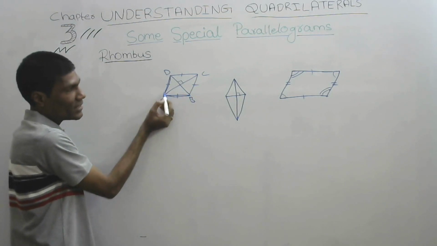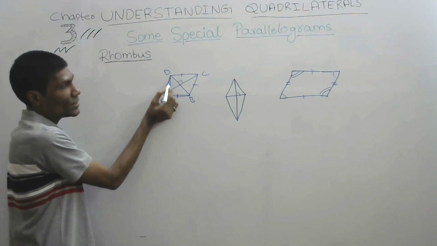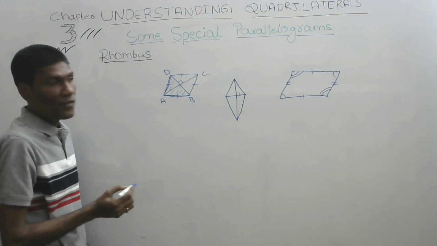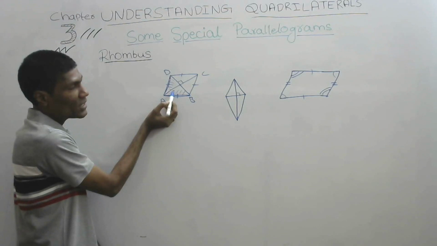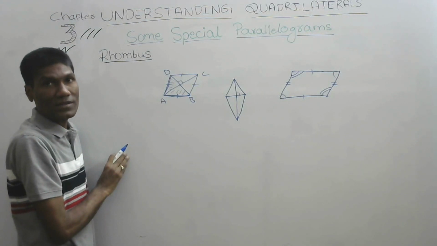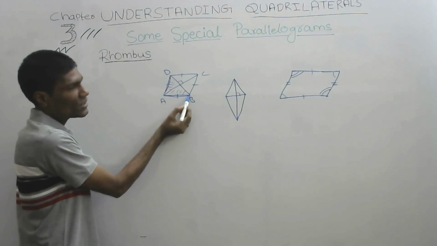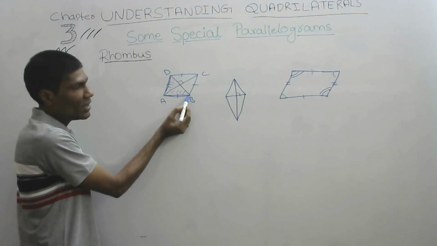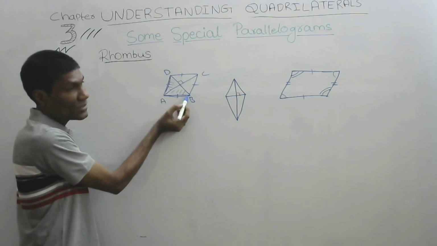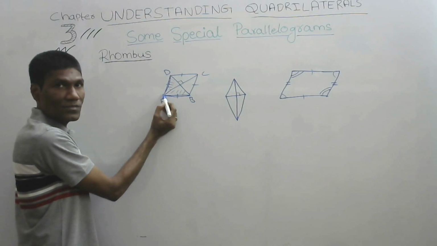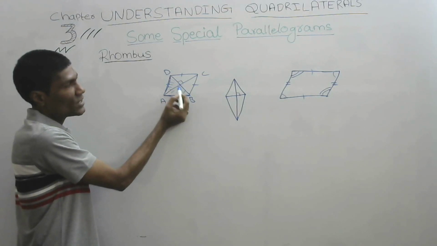In that, there are two triangles, this part and this part. We will prove that these two triangles are congruent. How? Simple. This side is equal, this side is equal, and this is a common side. So all three sides are equal.